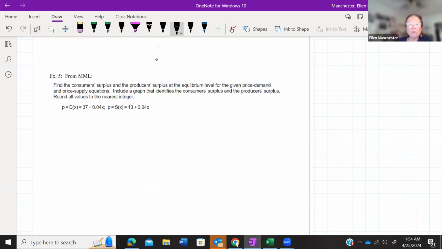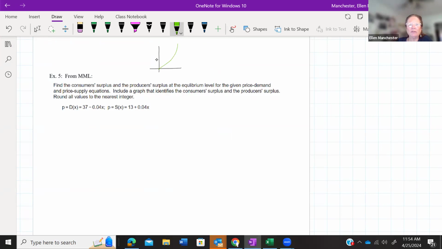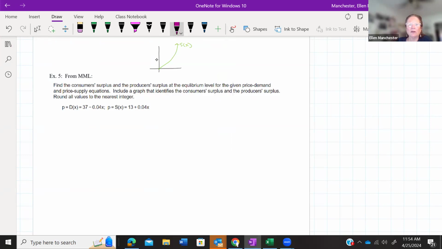So remember when we were talking about the, so here's our supply function. Here is our demand function. And here is the price. Here is the number of products, right?